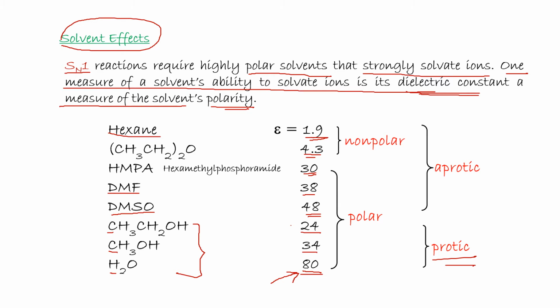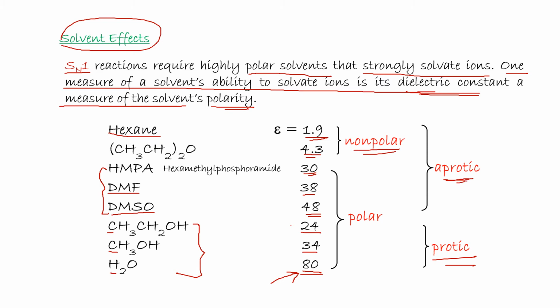Hexamethyl phosphoramide, dimethyl formamide, and dimethyl sulfoxide are polar, but they are aprotic solvents. Hexane and ether are non-polar solvents and they are aprotic solvents.